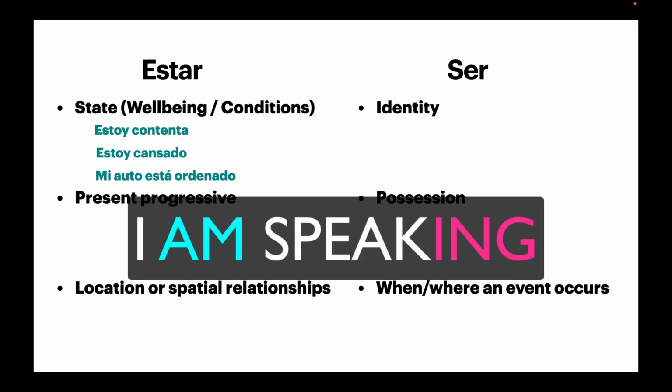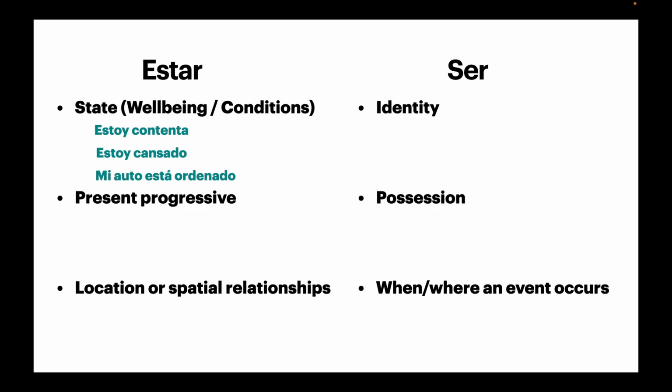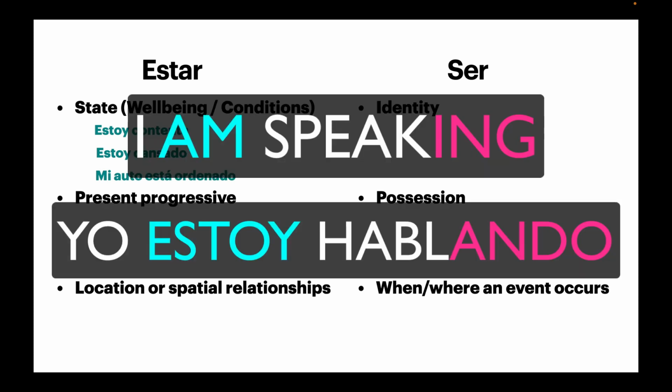So if you notice, in English, we also use the verb to be, I am, and in the second verb, we add the ing. I am speaking. In Spanish, we use estar. Yo estoy hablando.